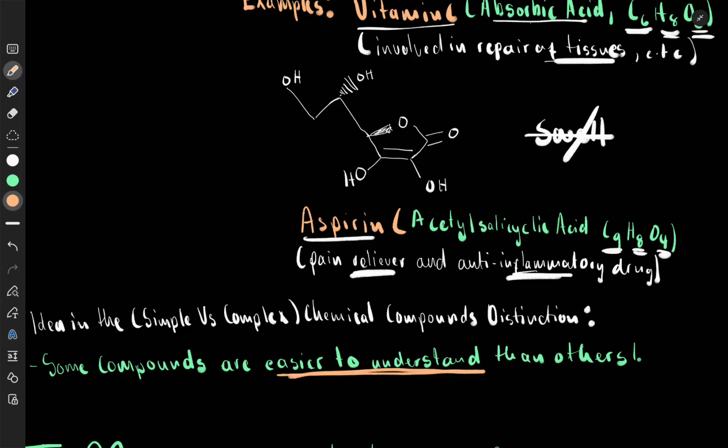Although this is not something fixed, it's not a rigid distinction. We can't say we can easily separate all compounds into either simple or complex, right? But it is trying to say, generally speaking, some compounds have a simpler structure than others. The ones that are simple have a few atoms and a basic arrangement, but the ones that are complicated have a lot of atoms in one molecule.